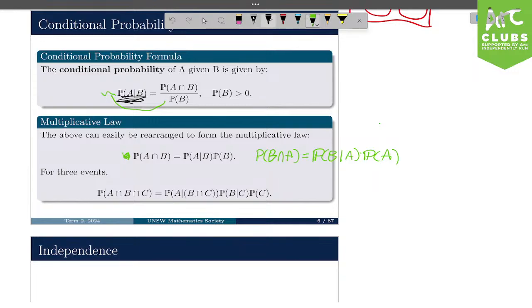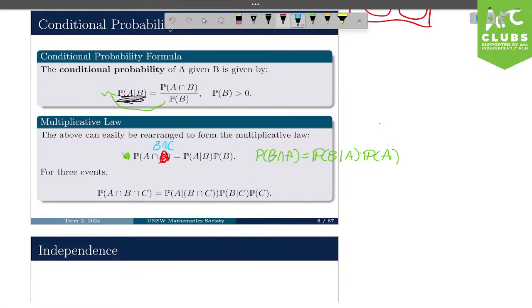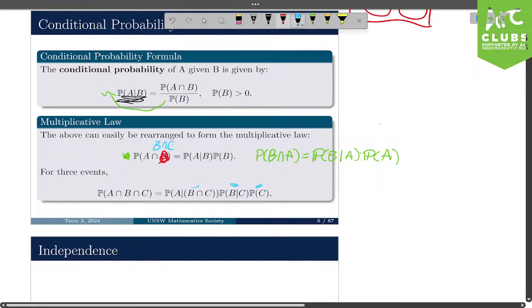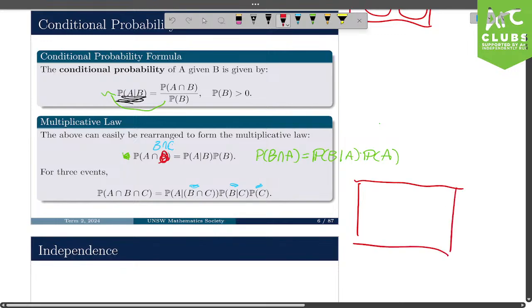Cool, so you can imagine instead of writing a B here, I could write something like B intersect C. If I do that, I can follow the mathematics and figure out this formula. You can also think of this formula intuitively using our Venn diagram.